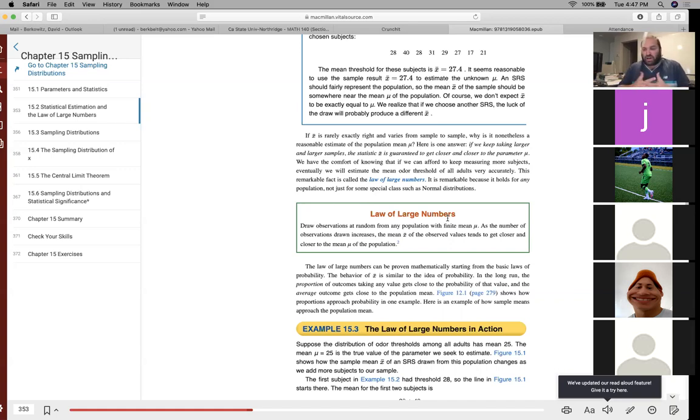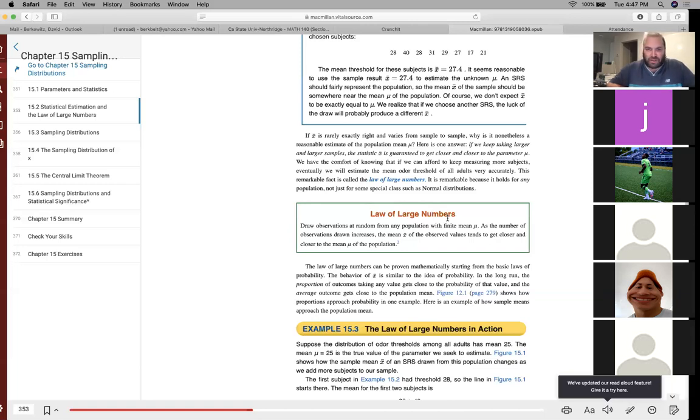That is the law of large numbers. It can actually be proven mathematically, which we're not going to do because the math is way too advanced for this class. It needs calculus and even some math beyond calculus. So we're not going to worry about it, but just conceptually, we do have to understand it.